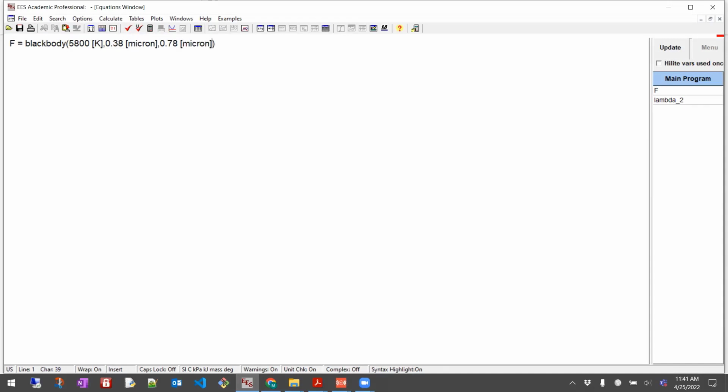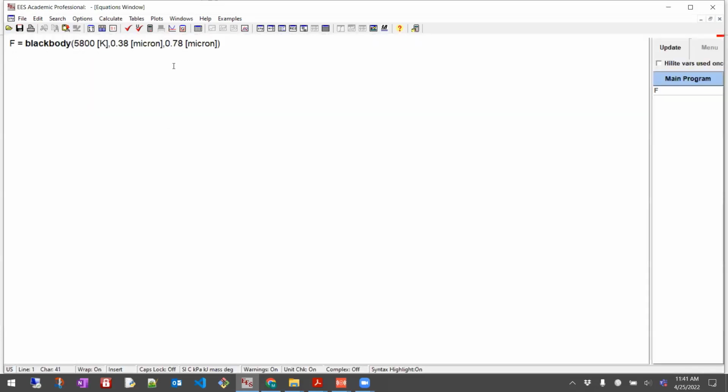By the way, that's how you write micron units: micrometers. If we do this, we should get back the fraction of light that is emitted by the sun in the visible region. And if we do that, we see roughly half, a little less than half, of the light emitted from the sun is in that visible region.